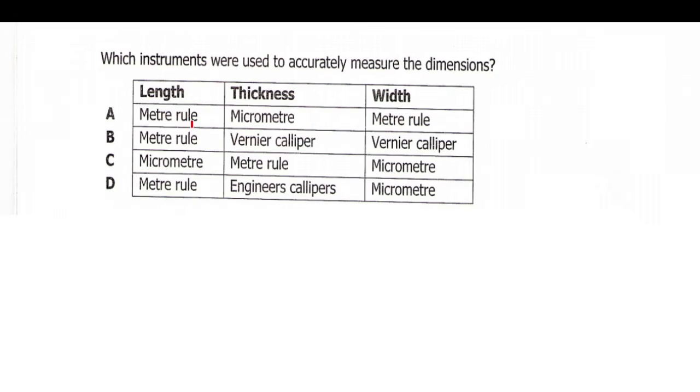A. Length meter rule, thickness micrometer screw gauge, width meter rule. B. Length meter rule, thickness vernier caliper, width vernier caliper. C. Length micrometer screw gauge, thickness meter rule, width micrometer. D. Length meter rule, thickness engineer's caliper, width micrometer screw gauge.